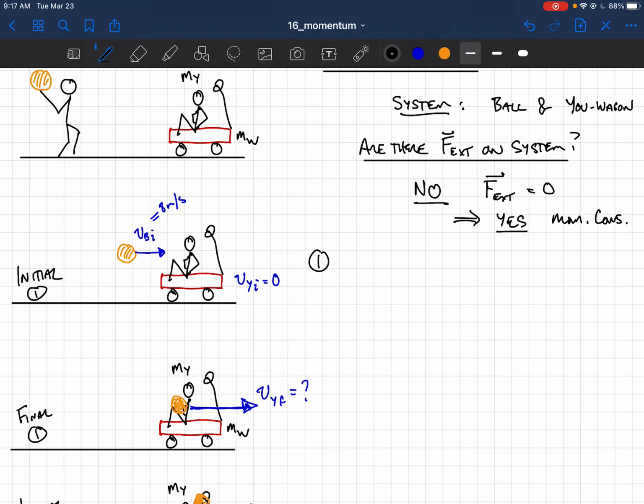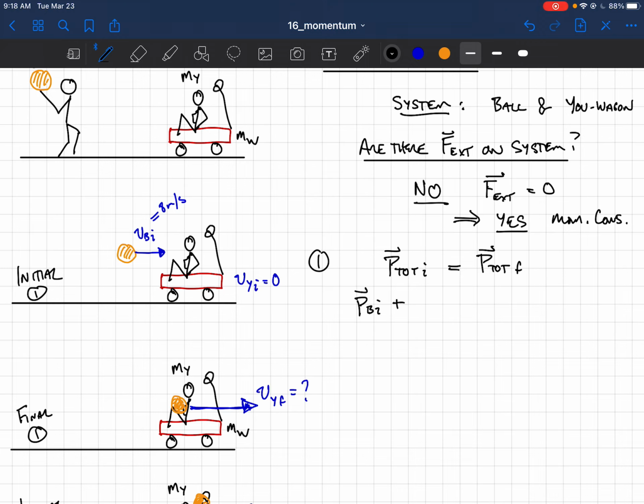So let's do it in the first case. So in step 1, we could say P total initial is equal to P total final. That's sort of our basic statement of momentum conservation. And by P total, we mean the sum of the 2 objects.